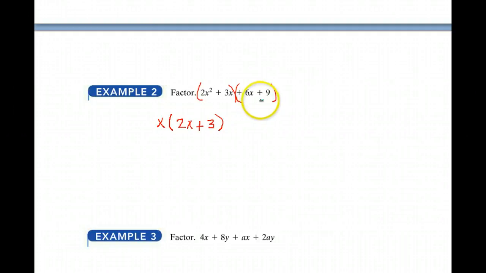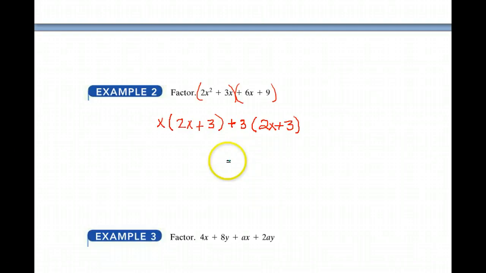What's the GCF of 6x and 9? What can I divide out of both 6x and 9? Well, they're both divisible by 3. So we're going to go ahead and factor out a positive 3. 6x divided by 3 leaves us with 2x. 9 divided by 3 leaves us with 3.